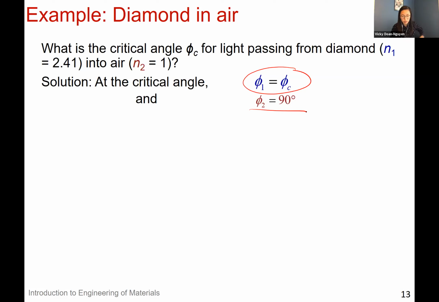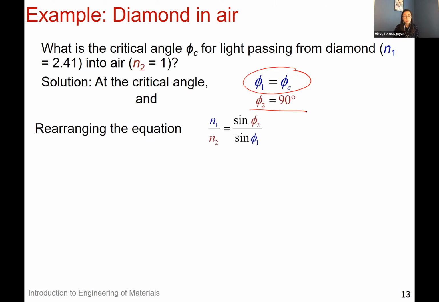We know that when phi 1 is larger than the critical angle, you'll have total internal reflectance, but here phi 2 at a minimum needs to be 90 degrees. That means it's not being refracted.